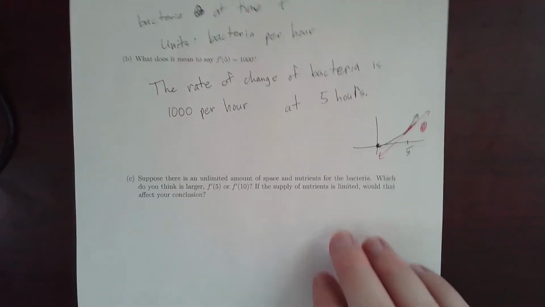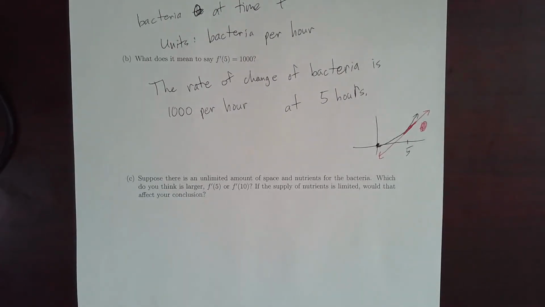So suppose there's an unlimited amount of space and nutrients for the bacteria. We want to think about which would be larger, f prime of 5 or f prime of 10. Say that we have as much food and space as we need for the bacteria. Do we think that we're going to get a greater rate of change at f prime of 5 or f prime of 10?